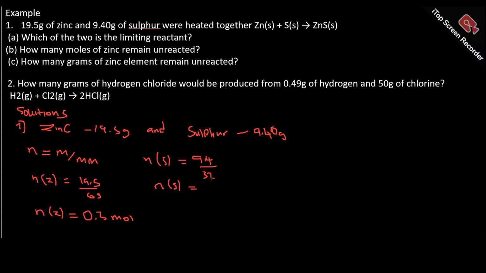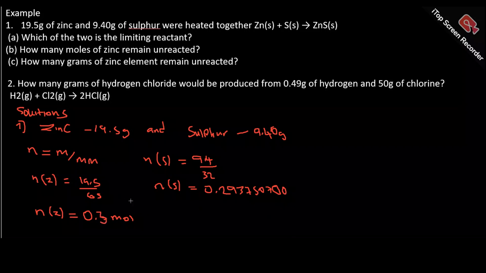Now when we divide these two numbers, you should get 9.4 divided by 32. You should get 0.29. Don't round off. This is what you should get. Now, look, this is 0.3.